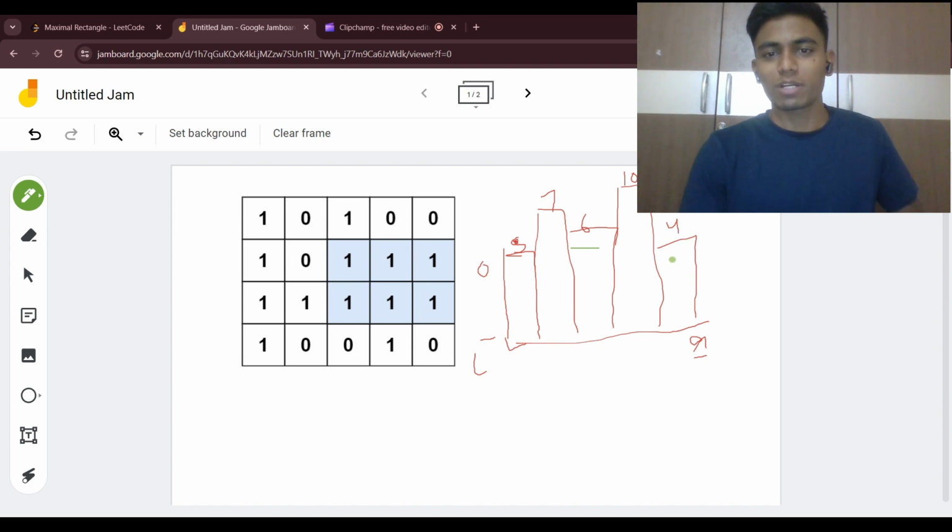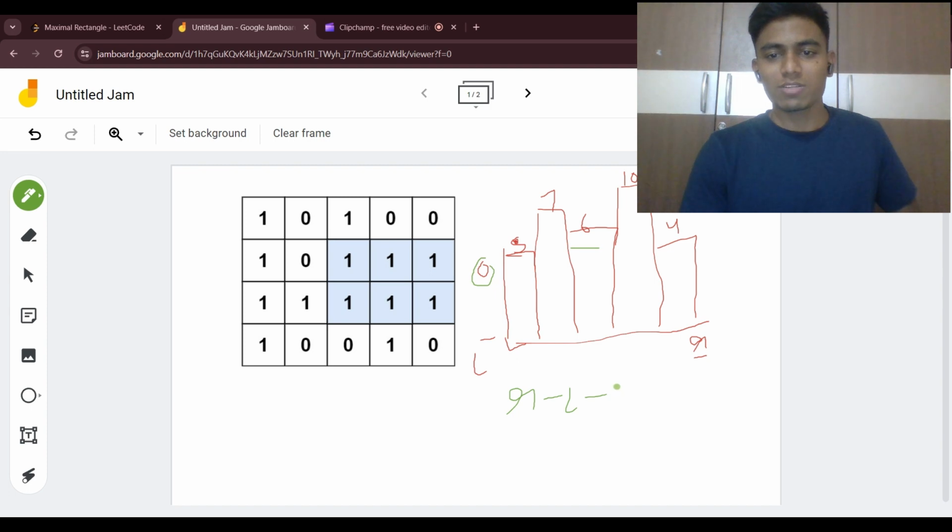So let's say that we have these different heights. For this, if we want this particular 5 height, we need to consider the index which is just less than this particular height, which is going to be left, and the index which is going to be right in this particular case. And then for the length we are going to say that it is going to be r minus l minus 1.